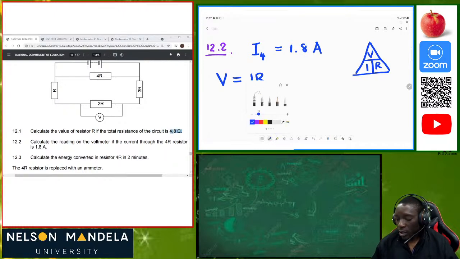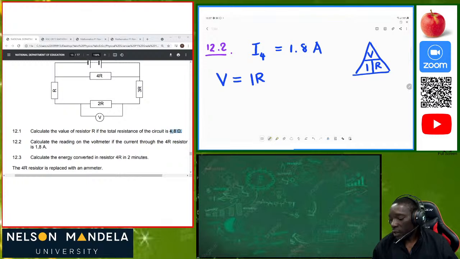With this triangle, if you are calculating V, let's shade that part for V. Then V comes from the product I times R. If they're in the same line, they are multiplying.